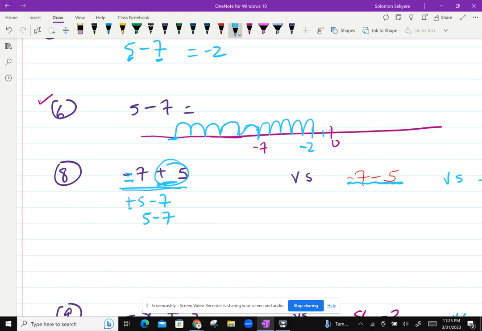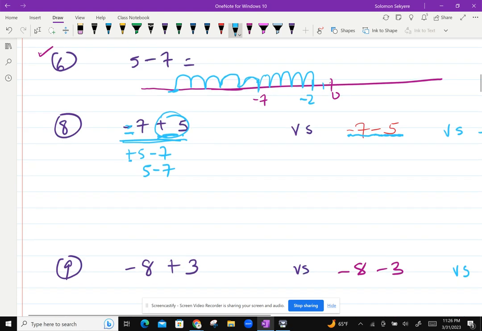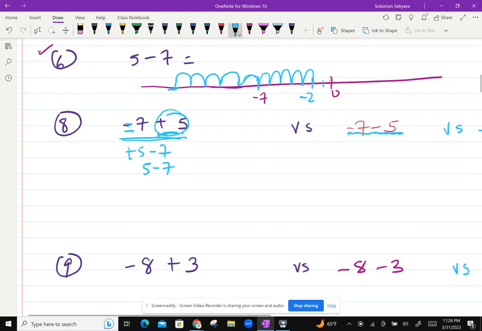So you have a negative number, and then you are adding 5 to it. You count to the right. How do you do it without always going to the number line? We have negative 7. Write your positive number first. 5 minus 7, negative 2. Of course, 7 is bigger than 5. 7 minus 5 is 2, so 5 minus 7 is negative 2.